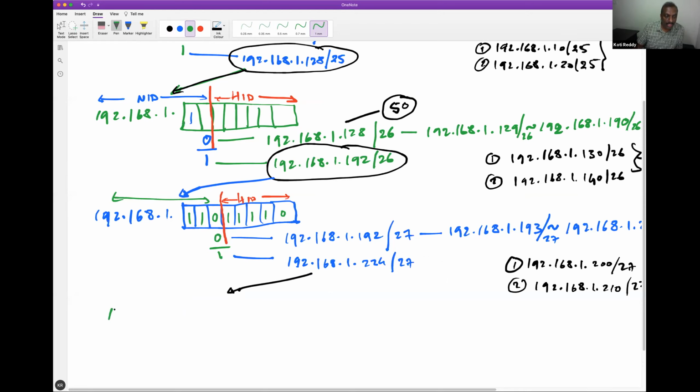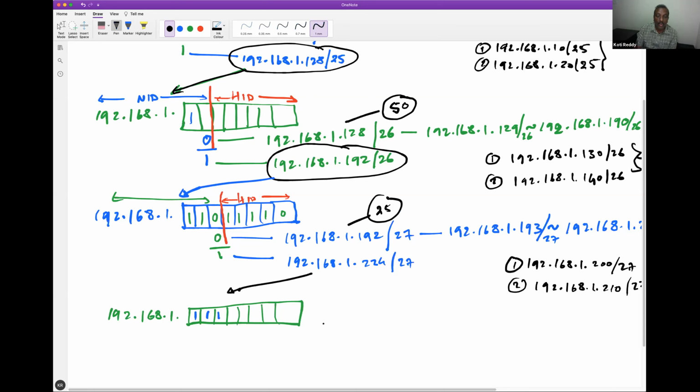So I go to say 192.168.1.111, right? If I expand the last octet, this becomes 1 1 1 1 1 1 1. This was for 25 hosts.